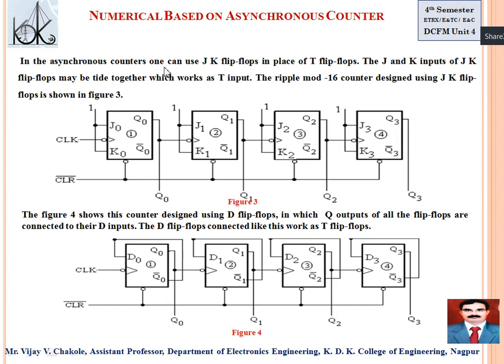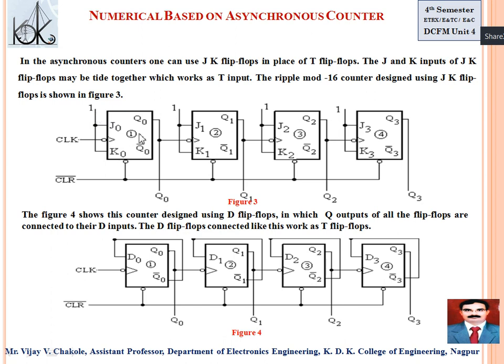In the asynchronous counter, if the JK flip-flop is used instead of T flip-flop, when J and K inputs of the flip-flop are tied together, it works as a T flip-flop, right? And when J and K are connected to 1, every time your output toggles.